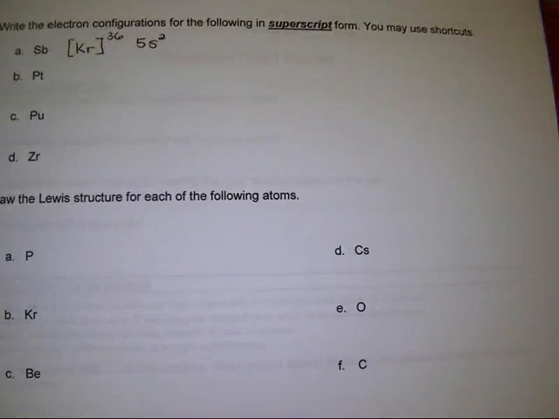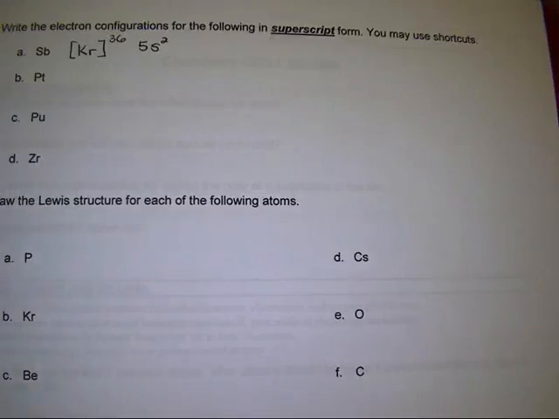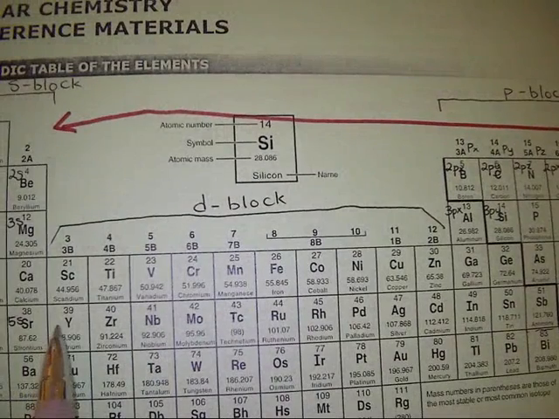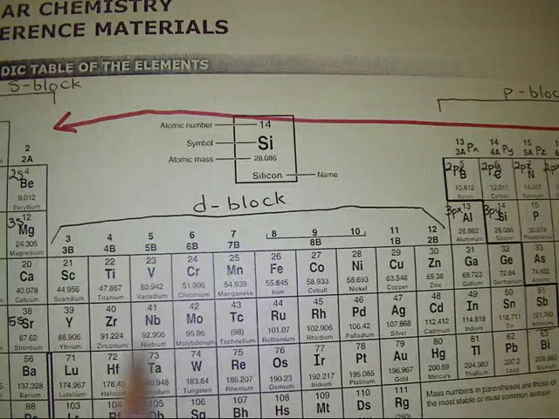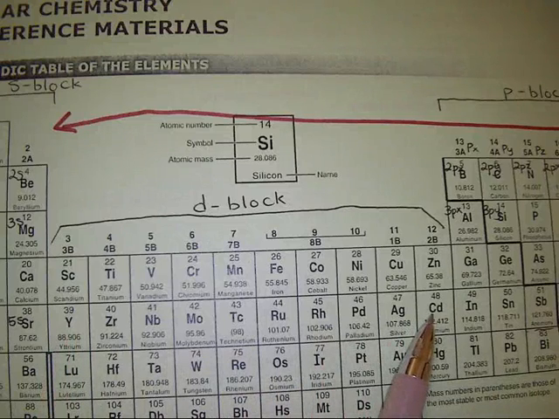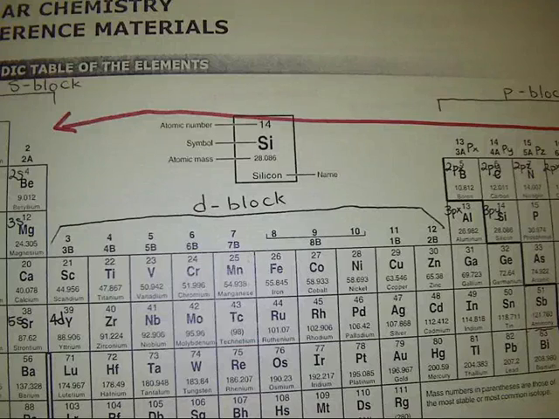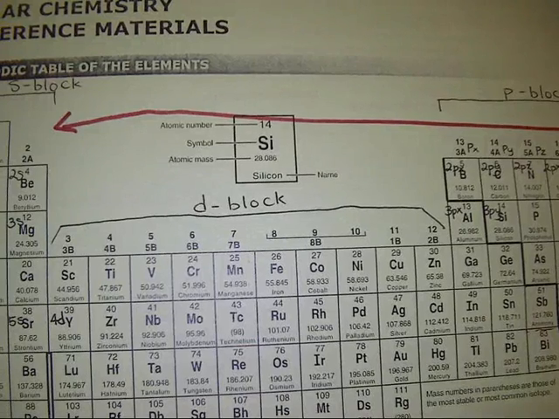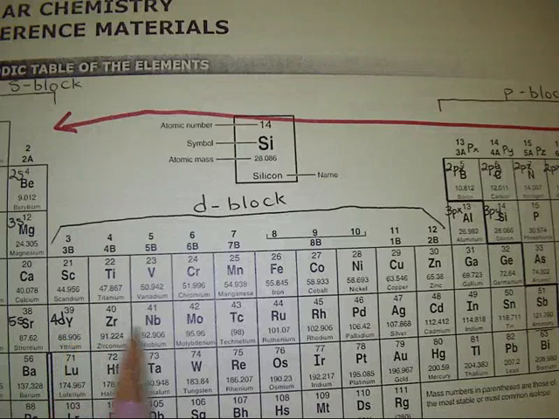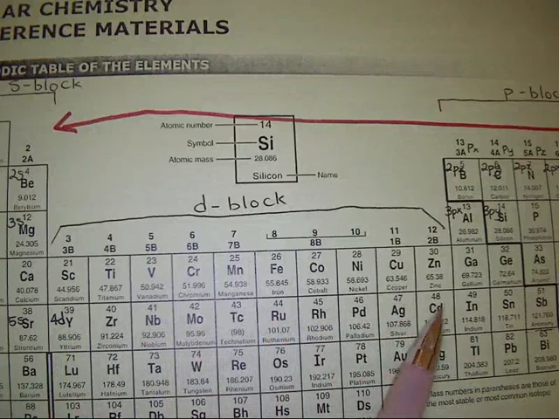I have 2, so I'm going to write down 5s2. I'm going to continue. Number 39 all the way through number 48 are in the D block, and this is actually 4d. The D block is one row behind the others. There are 10 of them if you count them: 1, 2, 3, 4, 5, 6, 7, 8, 9, 10. So I'm going to write 4d10. That will save me a lot of space.